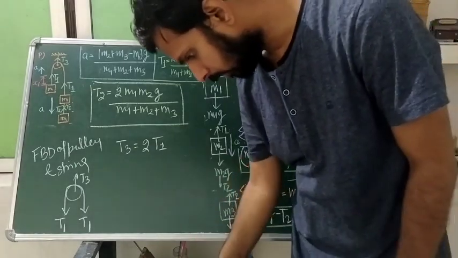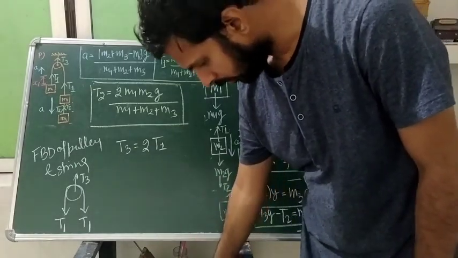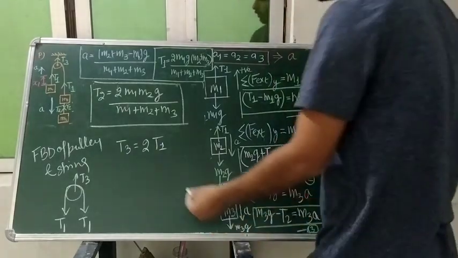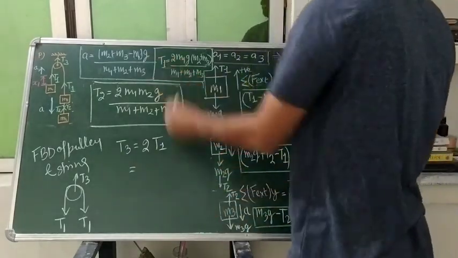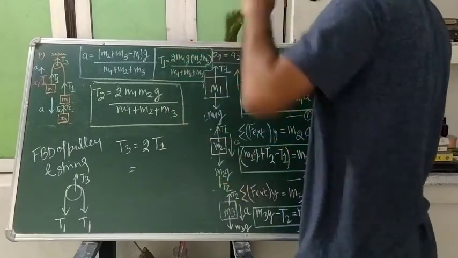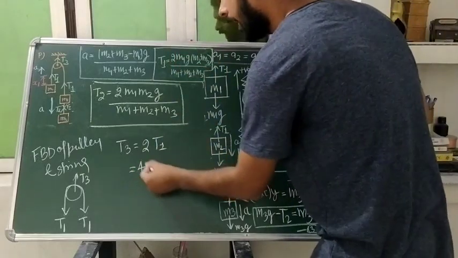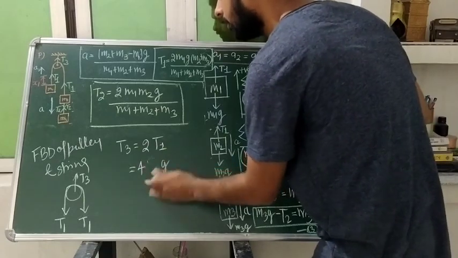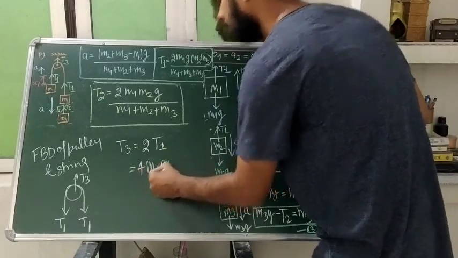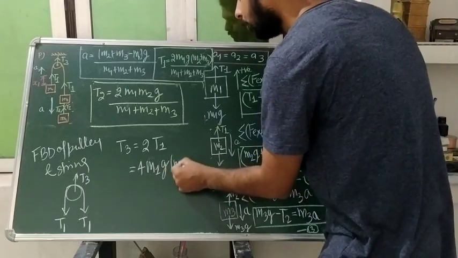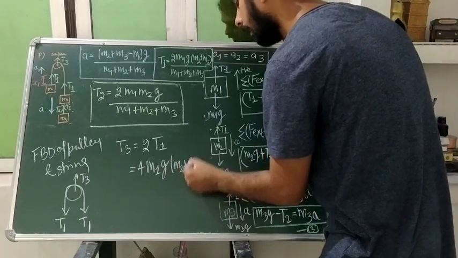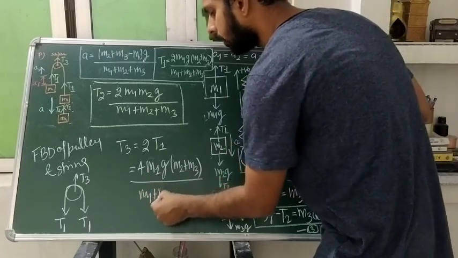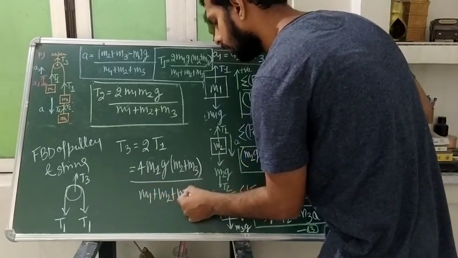T3 is what? Twice of T1. So it will come out what, student? Twice when you multiply T1, it will become 4 times m1g, m2 plus m3 divided by what? m1 plus m2 plus m3.